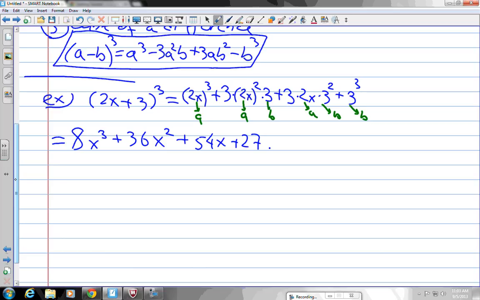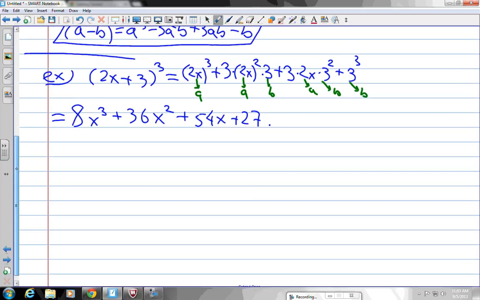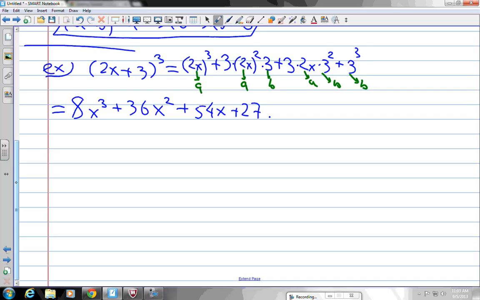Is that okay? So again, the second you recognize the a and the b, you just put them in your formula. Okay? I had students who would do this. Let's say I would give them this problem, 3x minus 5 cubed, and they'll right away write cubed minus 3 squared.